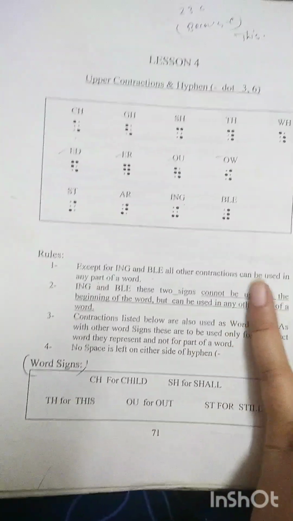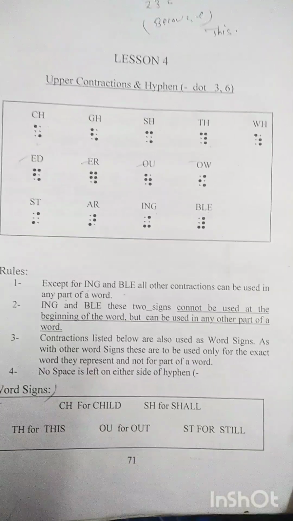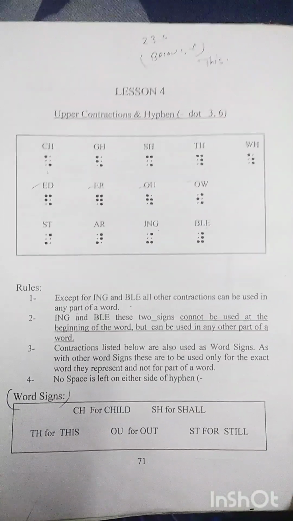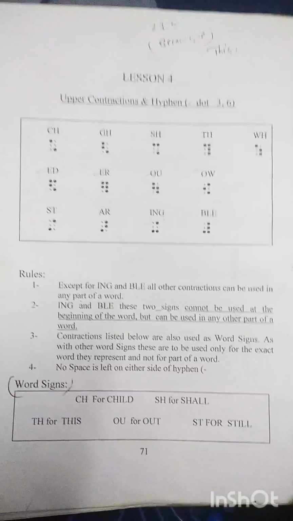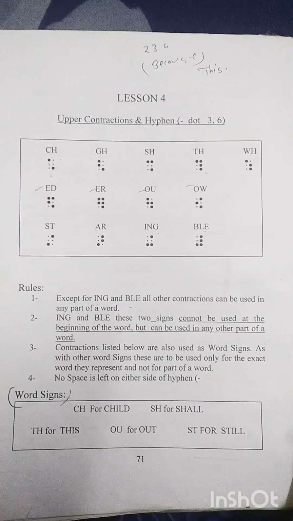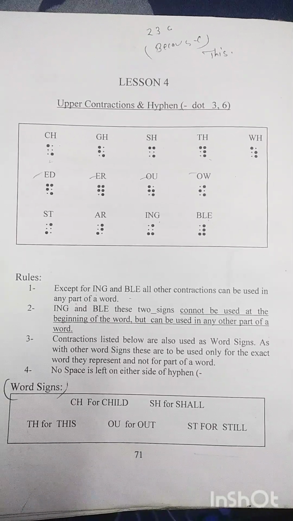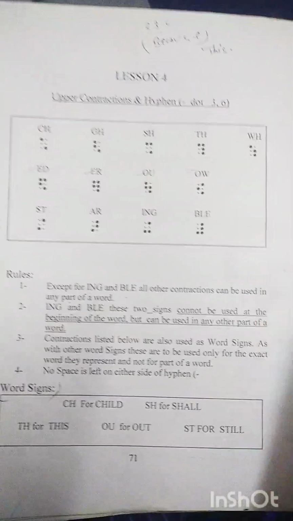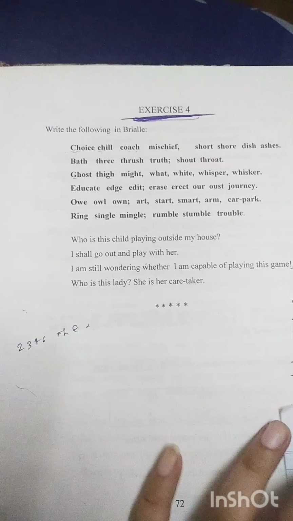And the second question is how we will use contractions. Suppose you start writing CH. For CH you have to write dots 1 and 6. For dots 1 6, there are lots of words that are formed easily using them. Here you can see, start writing choice.